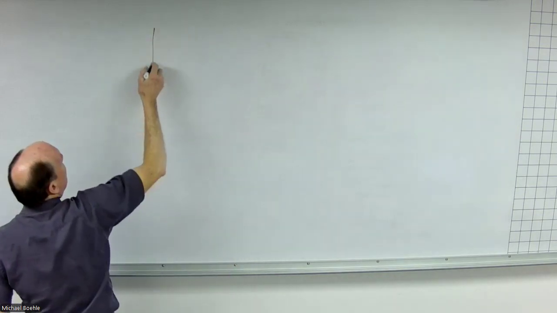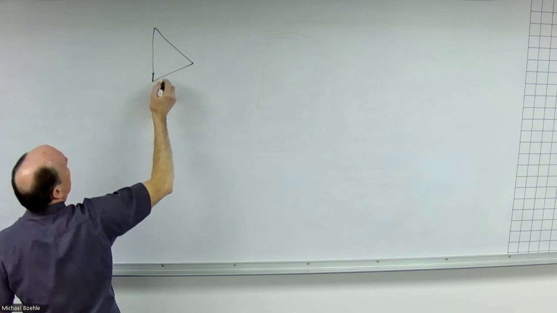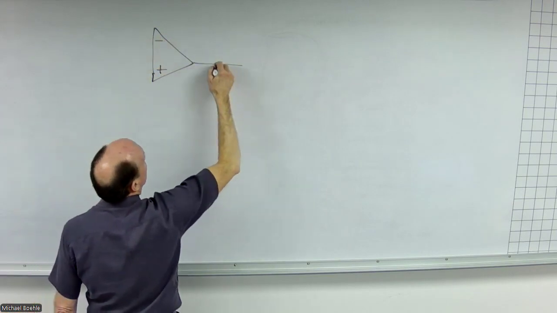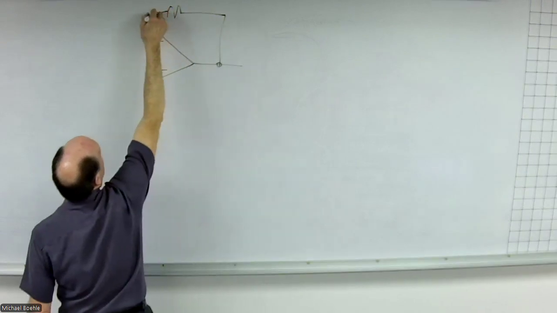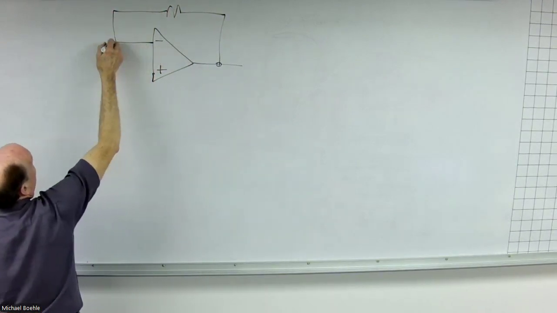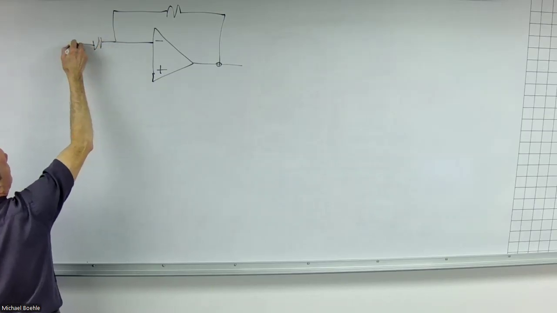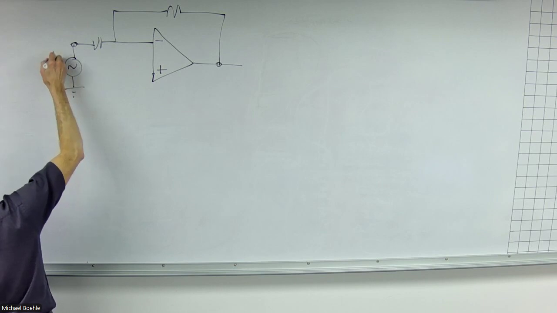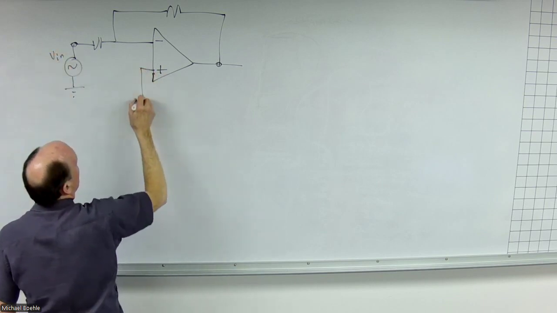For the first one, I'm going to go through this fairly quickly because some of you have seen this already. There are going to be two big assumptions that we're going to make about our op amp.